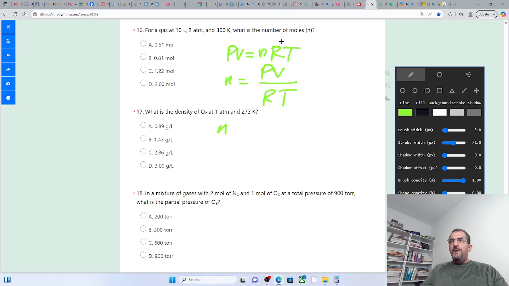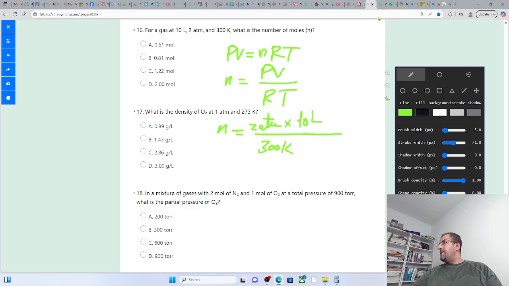Okay, so now number of moles is equal to the pressure, which is 2 atmosphere, and the volume is 10 liters, and the temperature is 300 Kelvin, and the gas constant, and again I will give the gas constant from here. So let's do that.